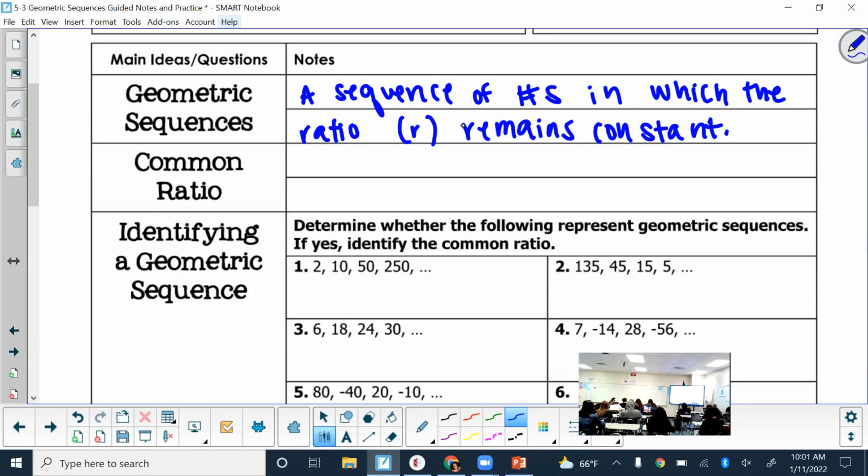So if it's different between just one set of numbers in that sequence, then it's not a geometric sequence. It has to be the same throughout.